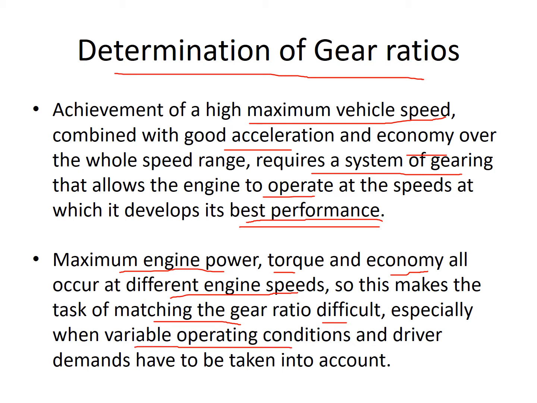If you have variable operating conditions, for example, you are climbing a hill and then you go to a flat surface or a curve, or a rainy day where the surface is full of water, this is considered a variable operating condition, and driver demands have to be taken into account.